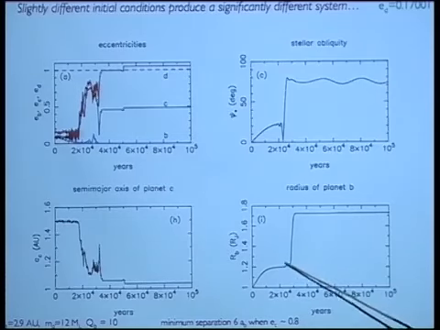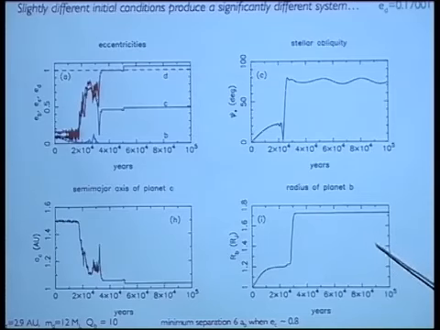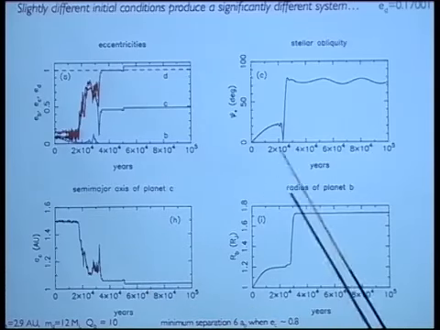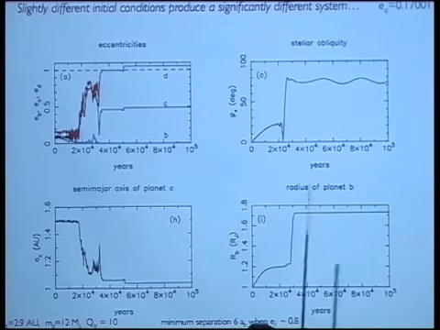The radius of the planet goes right up to 1.7, more past 1.7 Jupiter radii. And actually, one of these retrograde systems, this is not retrograde, but it's getting up there. One of the systems has an enormous radius like this. Again, the middle planet shrinks down to something like what we see.